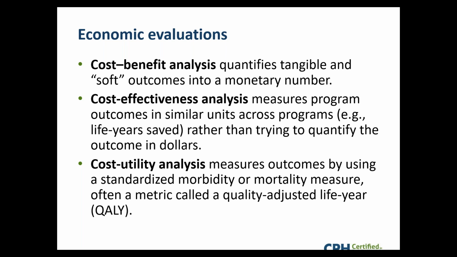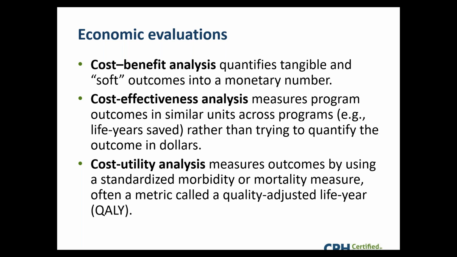First, the cost-benefit analysis quantifies tangible and soft outcomes into a monetary number. All right. Cost-effectiveness analysis measures program outcomes in similar units, right? So you might say per life year saved, right?